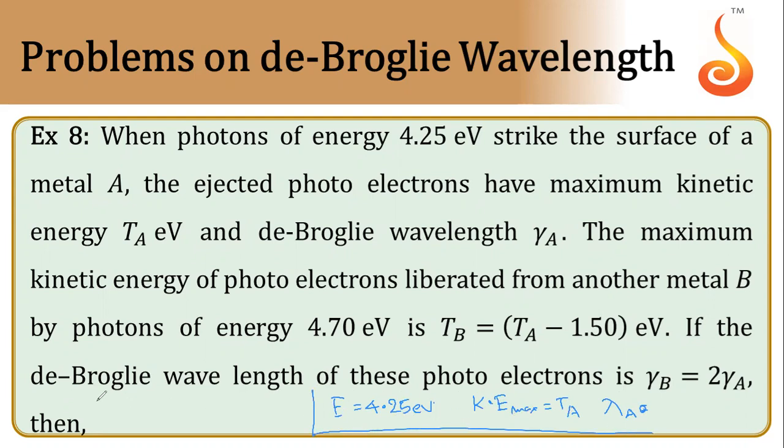And for the second case, when energy is 4.7 electron volt, it is given that maximum kinetic energy is TB and TB is equal to Ta minus 1.5 electron volts, and the wavelength is twice the wavelength of A. So wavelength they are representing by lambda.